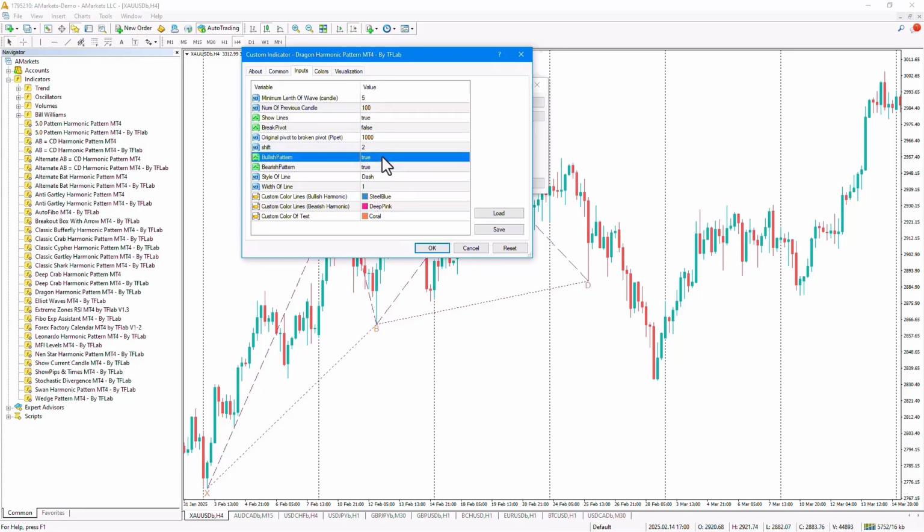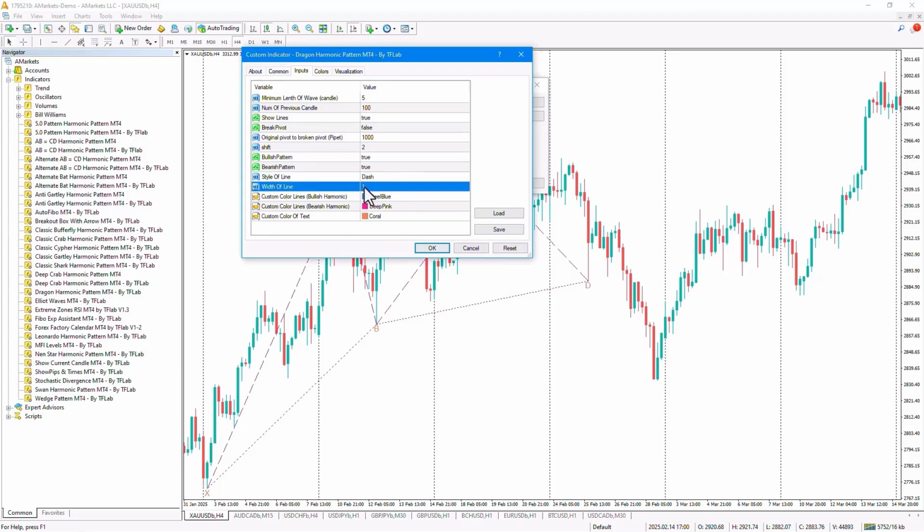In the next 2 sections, we can enable or disable the display of bullish and bearish harmonic patterns. We can determine the drawing style of the patterns, which includes 5 styles: solid, dash, dot, dash-dot, and dash-dot-dot, available here. In the next section, we can set the size of the harmonic pattern lines, which is set to 1 by default.